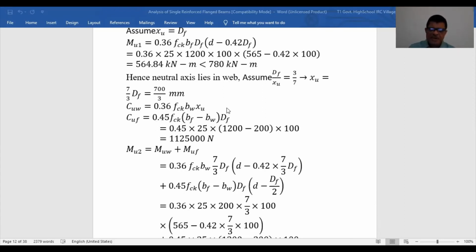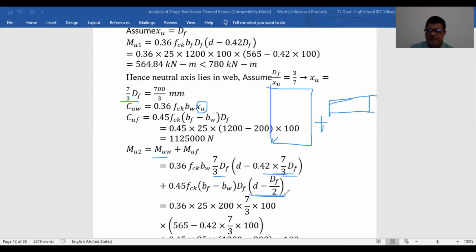Now this moment is the rectangular section moment we have discussed earlier also. This is a rectangular section plus a flange, compressive flange, which is (bf minus bw) into Df. Now what is the moment? Moment is equal to this value, where xu is taken as 7 by 3 Df. So put 7 by 3 Df in place of xu, with d minus 0.42 xu, and for the flange, d minus Df by 2 is your lever arm.